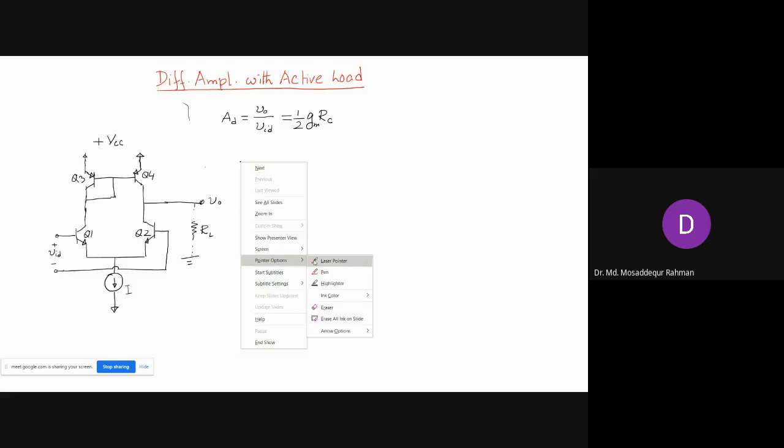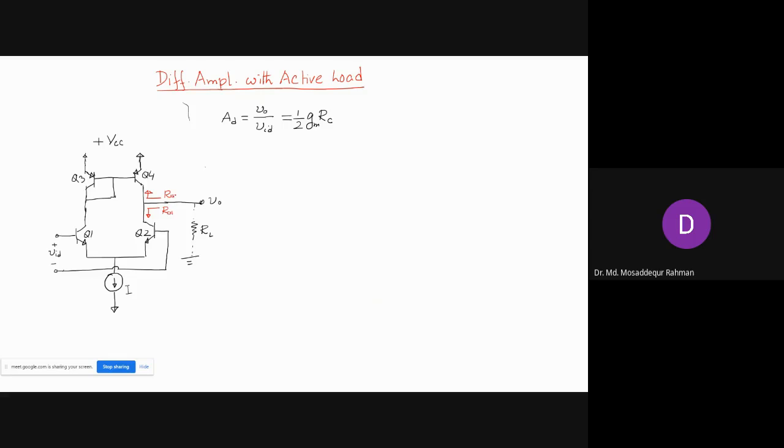Now for this one, what will be the load? First we need to establish that. There are two output resistances, one coming from this side and the other coming from this side. Let's call it R01 and this one R02.